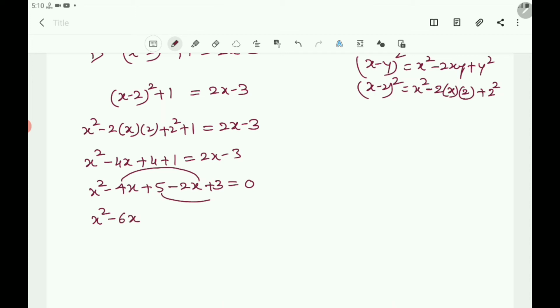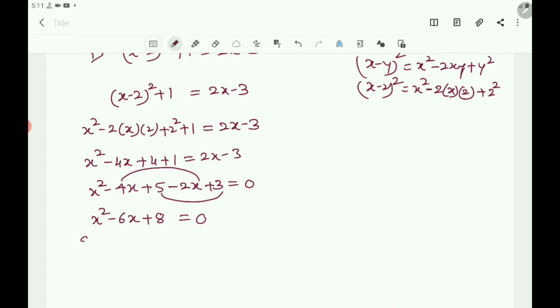You can add 5 and 3, the constants, which have the same sign. 5 plus 3 is 8. So you got x square minus 6x plus 8 equals 0, which is in the form of ax square plus bx plus c equals 0.